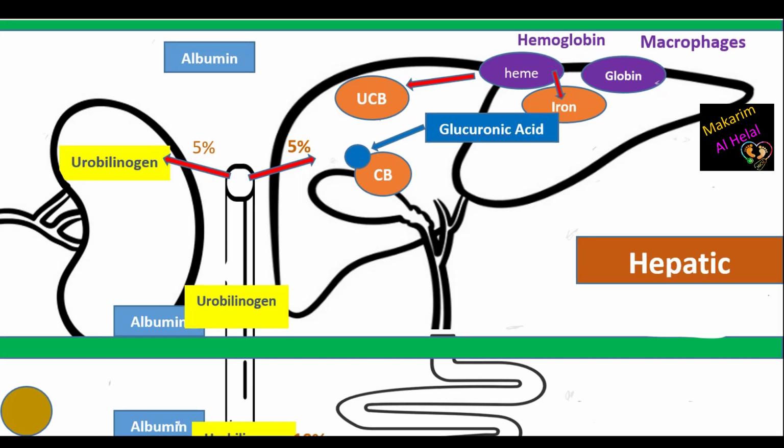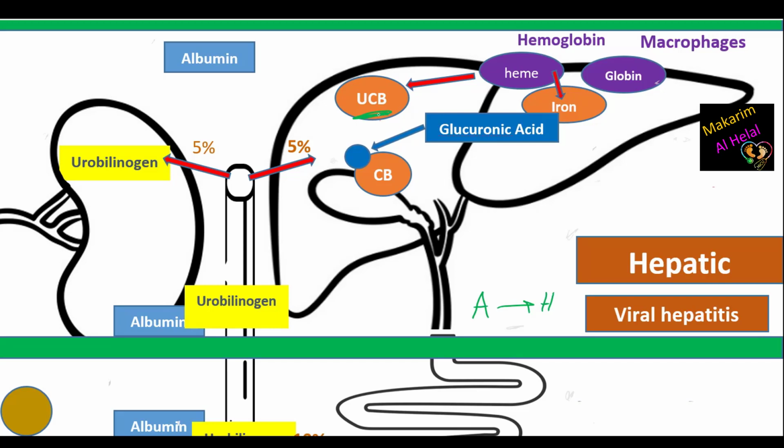The most common cause of hepatic jaundice is hepatitis, and we have many types of hepatitis from A to H. Here, hepatitis makes the hepatocyte membrane inflamed, so unconjugated bilirubin is not handled properly and not conjugated completely.